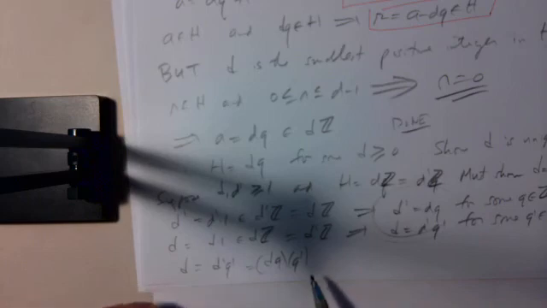So if I put these two together, I get D is D prime Q prime, but D prime is DQ times Q prime. This is D times Q prime. D equals D times Q prime.